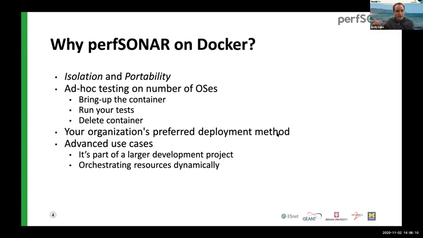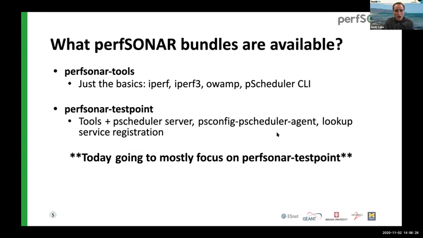The container actually inherits the TCP settings from the bare metal host, and so it basically can run the BBR2 tests that way. So there's all sorts of interesting things you can do like that with a Docker container.